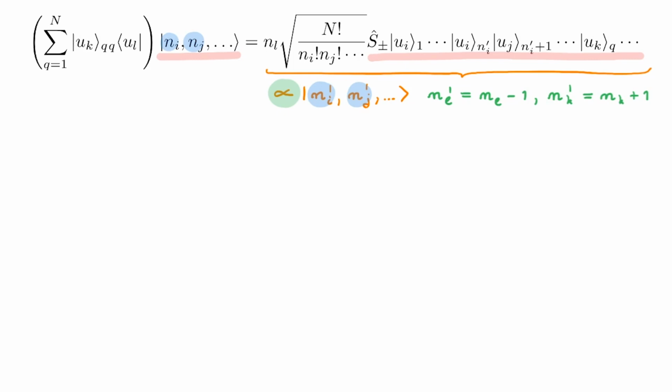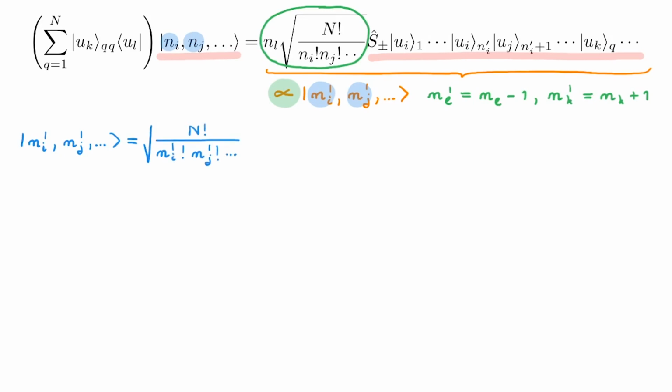Also note that this prefactor here comes from the original state, so it is not in terms of n primes, but in terms of the original n's. By the definition of a Fock state in the occupation number representation, we can write the new state as equal to this prefactor, then the symmetrizer or antisymmetrizer, and then the corresponding tensor product state.